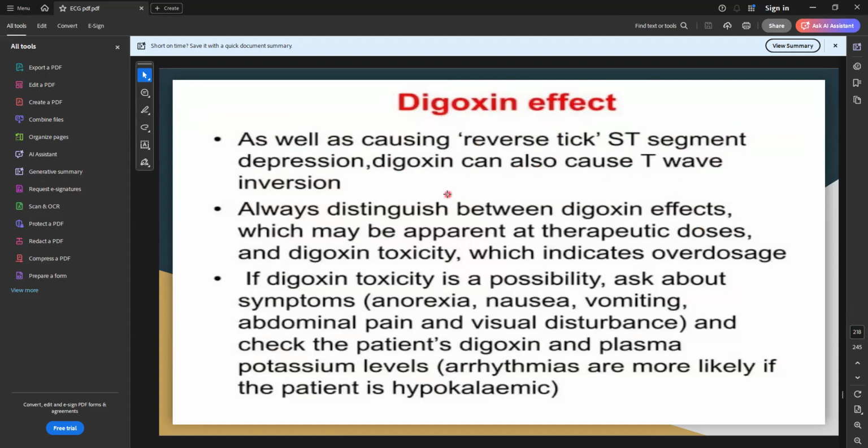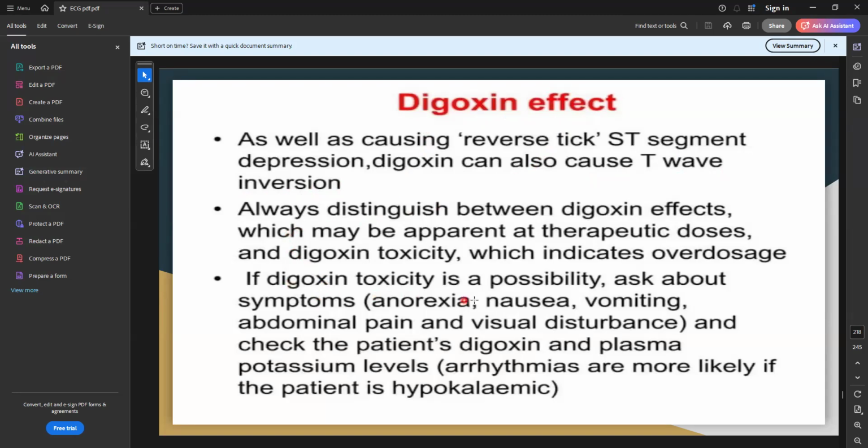So, whenever the patient is on digoxin, at periodic intervals you have to take the ECG of the patient to know whether there is any T wave inversion indicating digoxin toxicity.